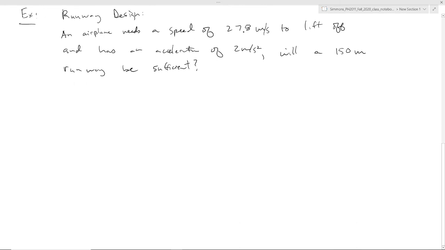So to try and model this, a really good practice is to draw yourself a little cartoon. So far, we don't have tons of quantitative things floating around, so our cartoon is going to be really simple, but we have this runway that's 150 meters long. We can try and draw an airplane on here. It can accelerate at 2 meters per second squared.